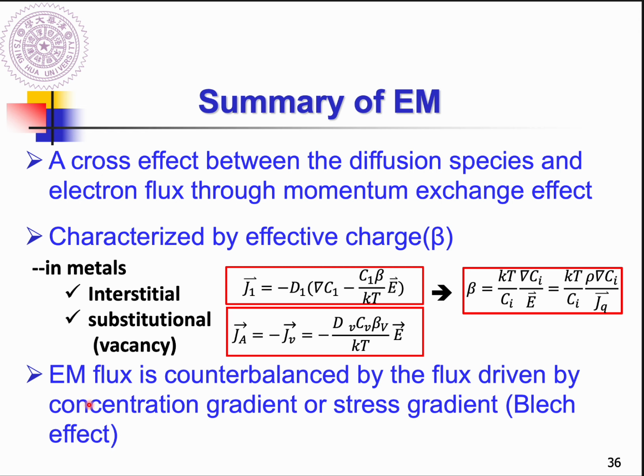The third part will be that the electron migration flux can be counterbalanced by the flux driven by the concentration gradient or stress gradient. So this just gives you a hint. As we know, we don't want electron migration to happen in our materials, right? So how to avoid that? Here, just two hints. There is a concentration gradient that can counterbalance the EM effect. A stress gradient also can partly counterbalance the EM effect.